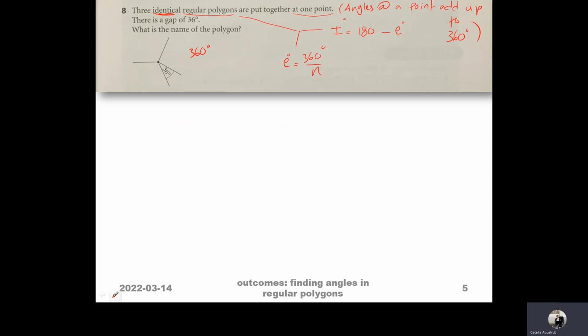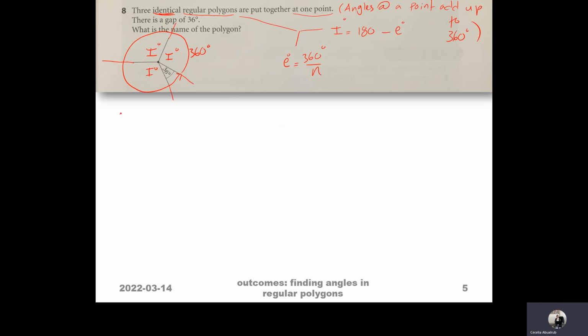Let me be more fancy. How about I call this I? This I is the same as this one and the same as this one. So we're finding the interior angle, and along with the 36, they all add up to 360 because they're all angles at a point. Cool.